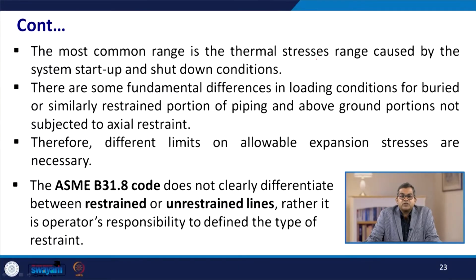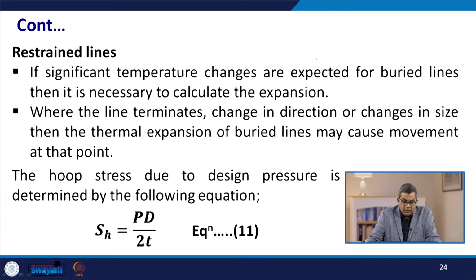So, different limits on allowable expansion stresses are necessary. Now, the ASME B31.8 code does not clearly differentiate between restrained or unrestrained lines; rather it is the operator's responsibility to define the type of restraint. Now, let us talk about the restrained lines.